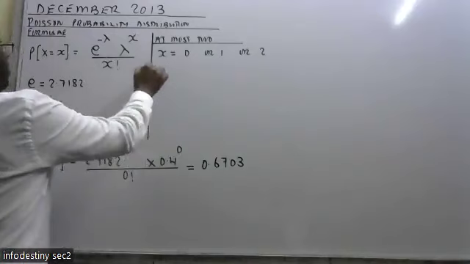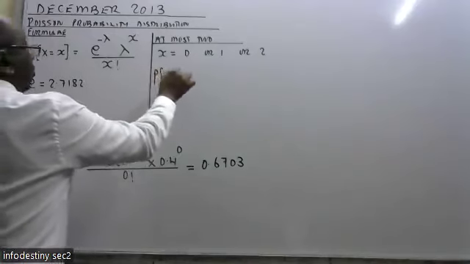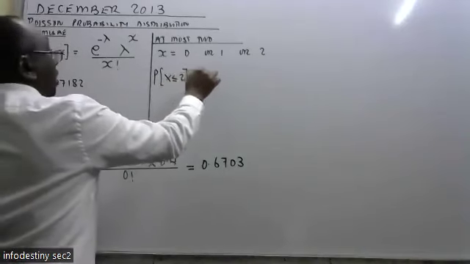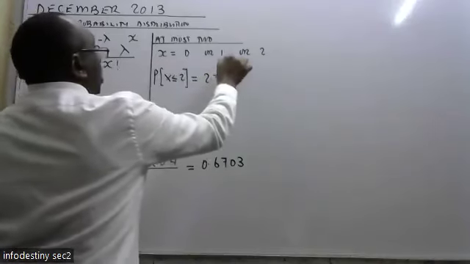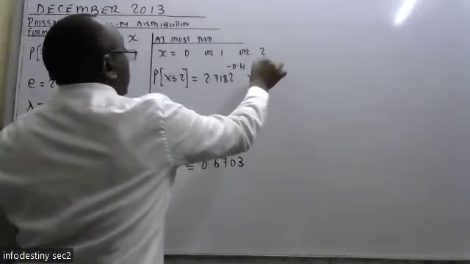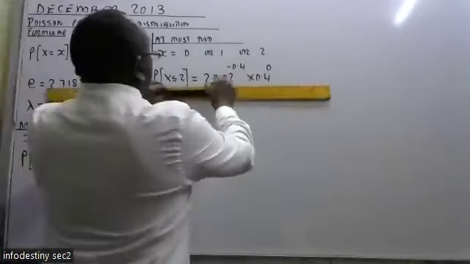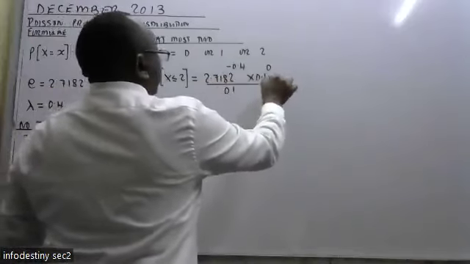And therefore, probability that X is less than or equal to 2 will then be 2.7182 raised power minus 0.4 times 0.4 raised power 0, you divide this by 0 factorial.